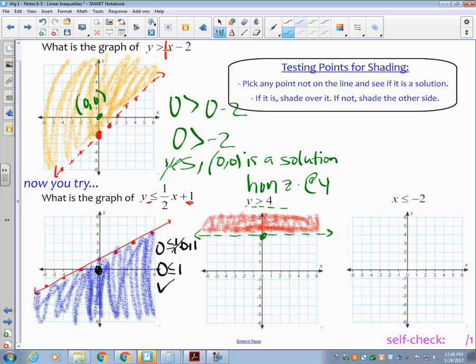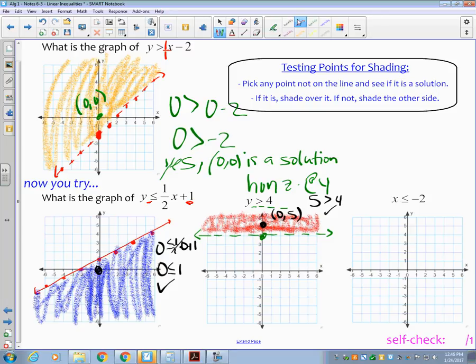I don't have (0, 0) in this scenario, so I'm going to pick a point. I'm going to let it be (0, 5). The next best thing is x is still 0, and then y is 5. Is 5 greater than 4? Yeah. Check.